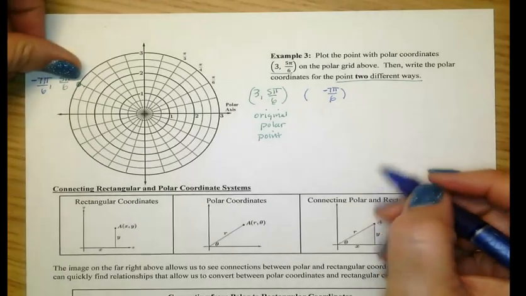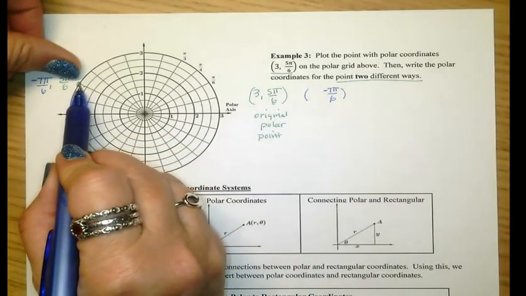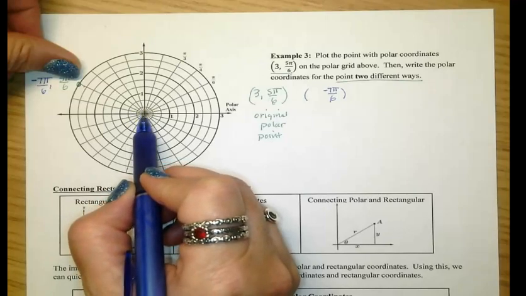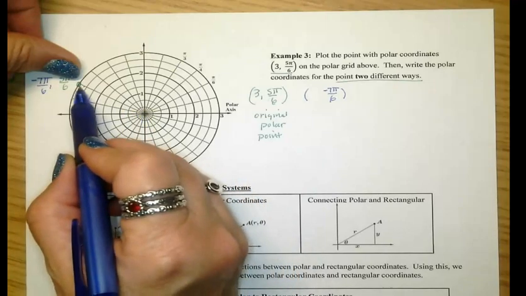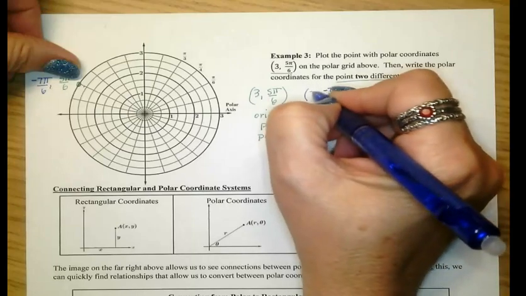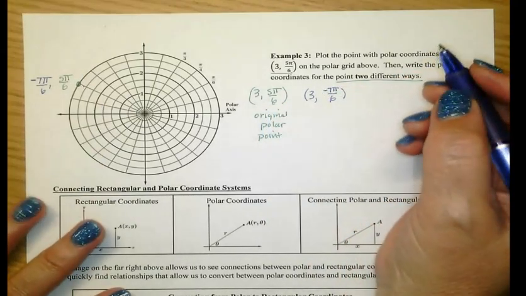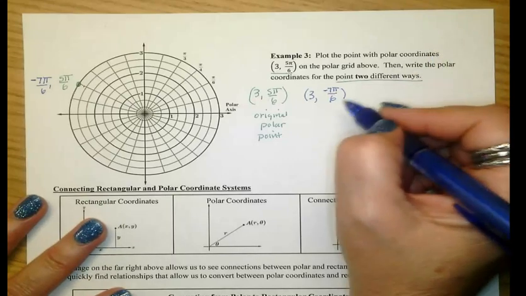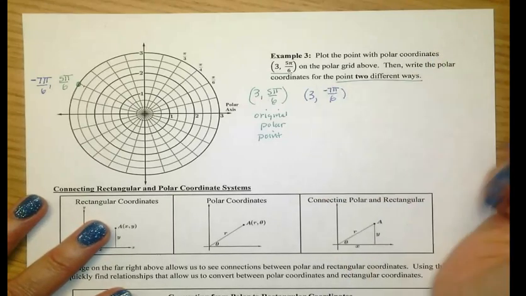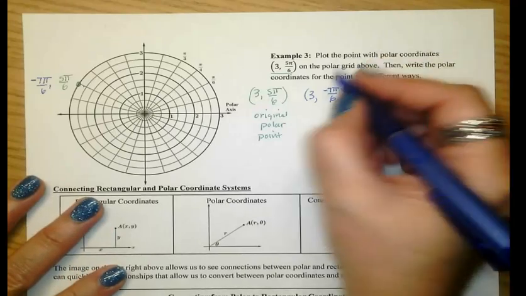Now, if this is at negative 7π/6, to get that dot in the same spot, then I go from my pole or my origin down the line 3 times. Okay, so what I did was I used the negative angle and the same radius.